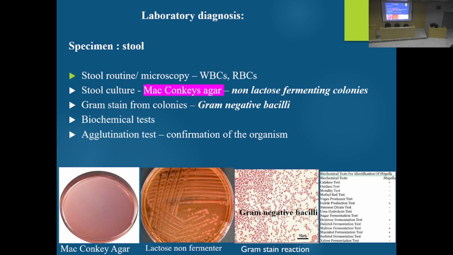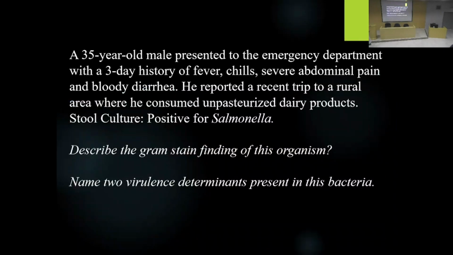You will see colorless colonies if it is Shigella. On gram stain, they are of course gram negative bacilli. Based on these results, as well as some biochemical tests and an agglutination test, we say that yes, this is Shigella. There are different species of Shigella.